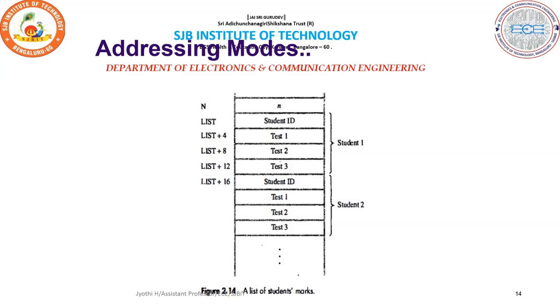There are n students in the class. The value of n is stored in the location N immediately in front of the list. For the addresses given in the figure for the student ID and test scores, assume that the memory is byte addressable and that the word length is 32 bits.